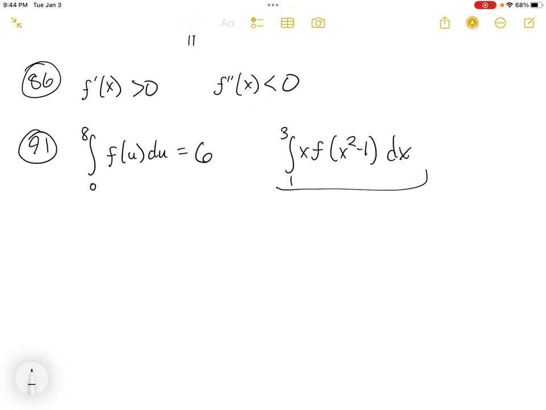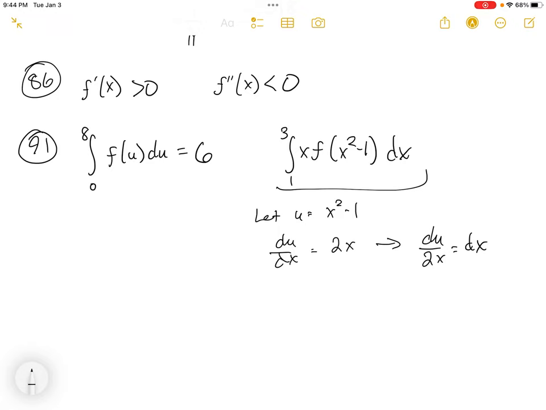So let's let u equal x squared minus 1. Then du dx, of course, is just 2x. And that tells me that du over 2x equals dx. Good. Okay, so now let's actually delve into this and start moving some stuff around.